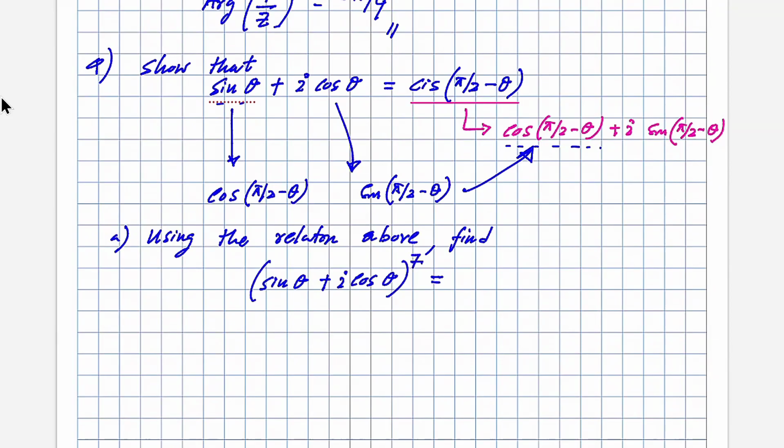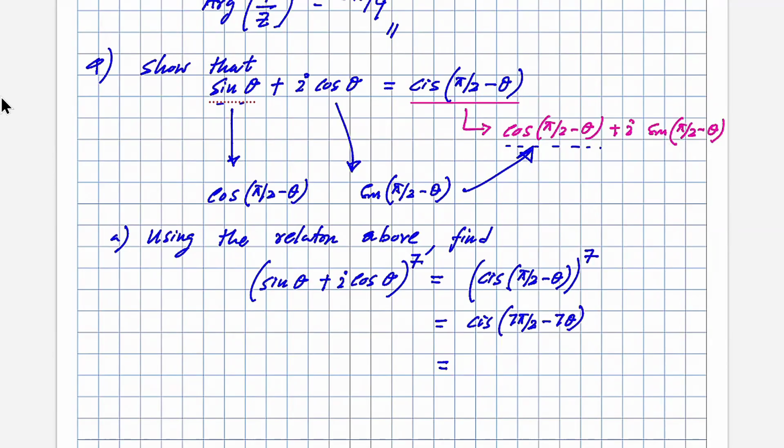Okay, go for it. This one I can write cis pi divided by 2 minus theta whole thing raised to the power 7. Agree? Use De Moivre's now. De Moivre's is for cis form only, my friend. So absorb it now. 7 pi divided by 2 minus 7 theta. Answer?